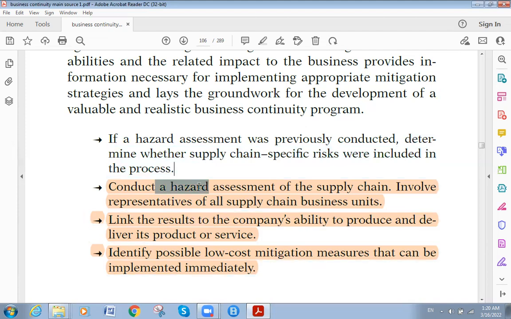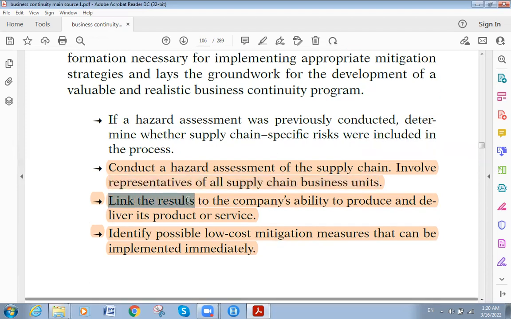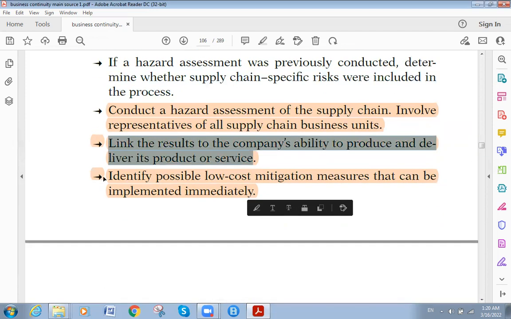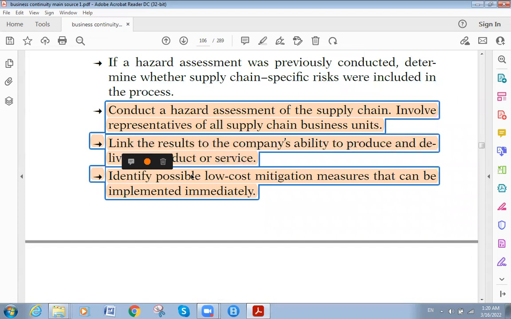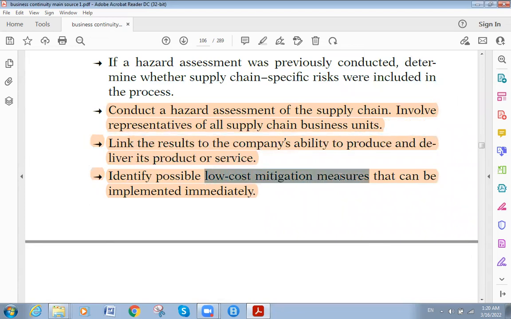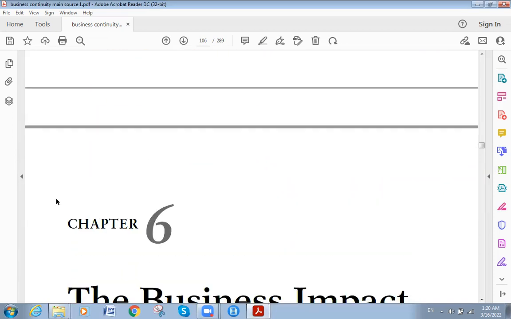Second, conduct a hazard assessment of the supply chain. Involve representatives of all supply chain business units. Third, link the results to the company's ability to produce and deliver its products or services. Fourth, identify possible low-cost mitigation measures that can be implemented immediately.